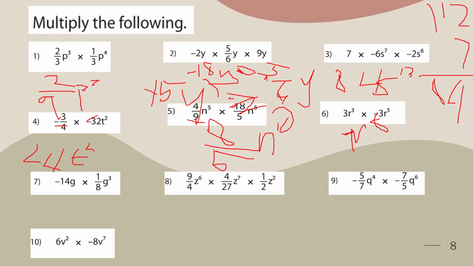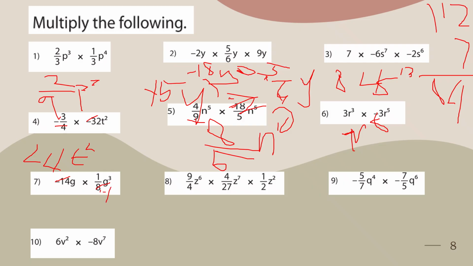Okay, 14 divided by 8, or 1/8 of 14, we can simplify here, or we can get the GCF, which is 2. 8 divided by 2 is 4.